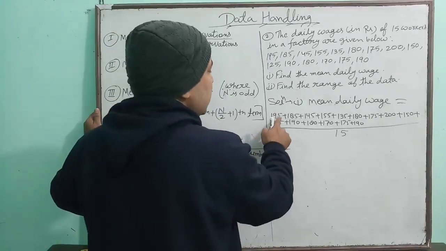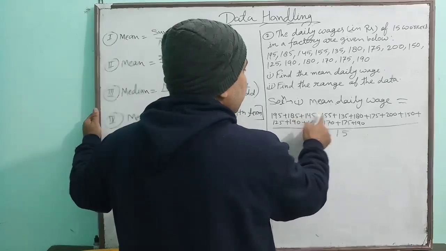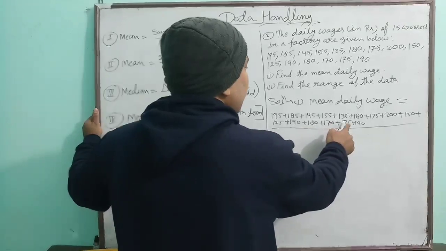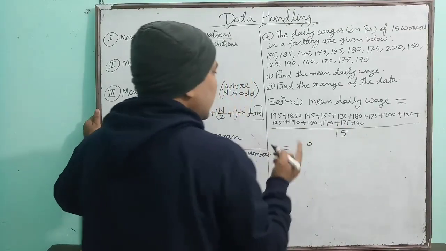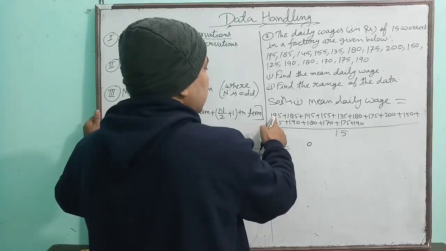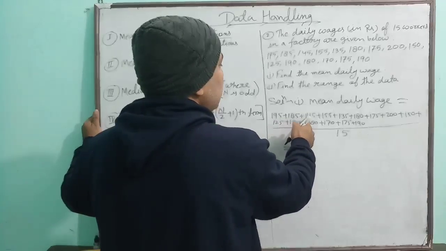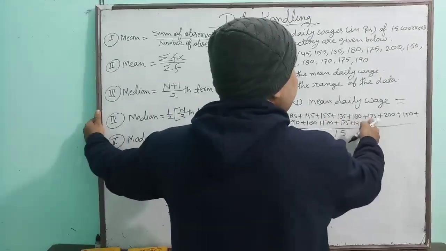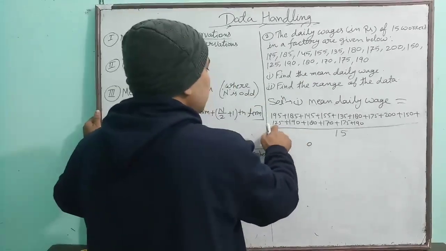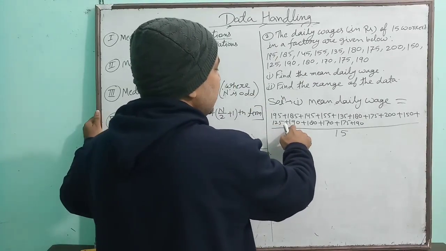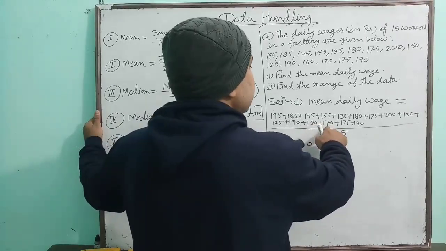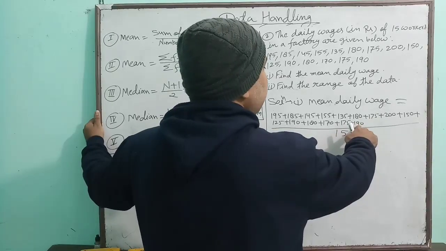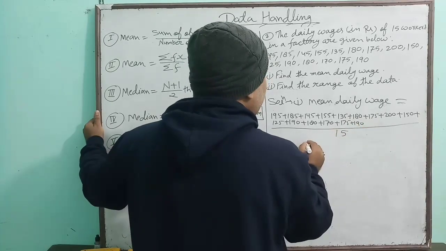Now add all these numbers. Adding the units digits gives 0 here, 4 carry on. Then adding the tens digits, we get 95.